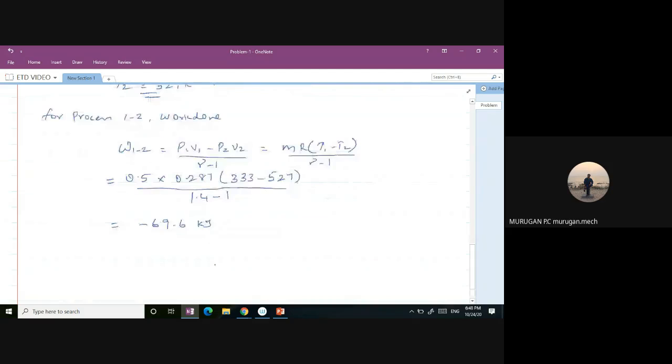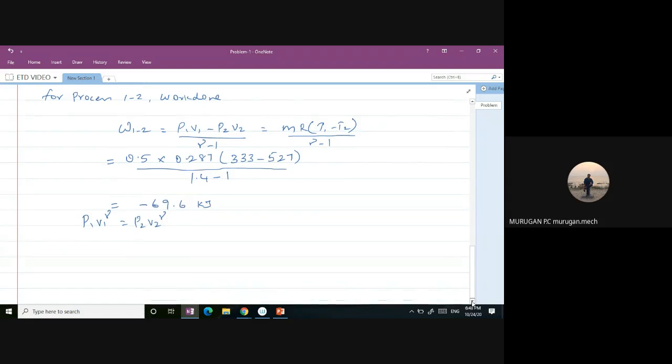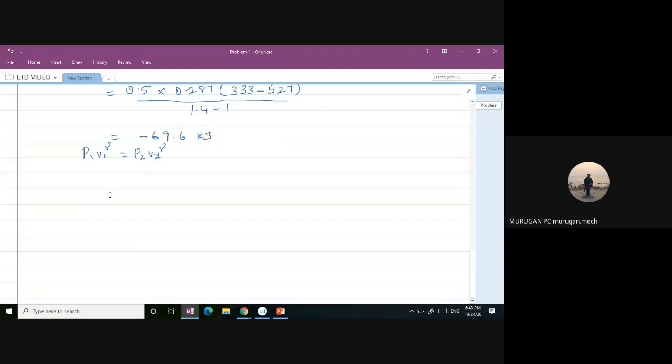Then for the relation P1V1 power gamma is equal to P2V2 power gamma, we have found out the initial volume. Now we have to find out the final volume V2 by this relation.